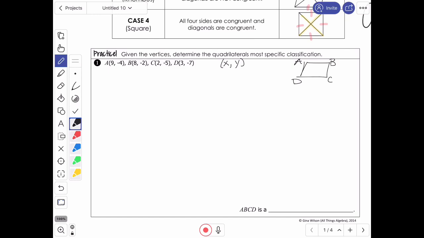So my first step, step 1, is to check the congruency of the sides. Okay, so that means I'm going to check AB and DC and AD and BC. See if those are congruent. Or if all 4 of them are congruent. If I see that all 4 of them are congruent right off the bat, then I can narrow it down to a rhombus and a square. Okay?